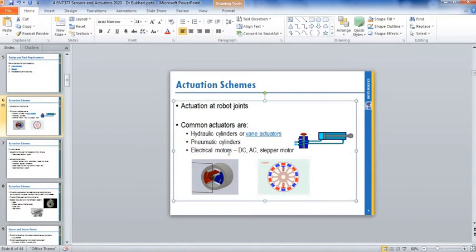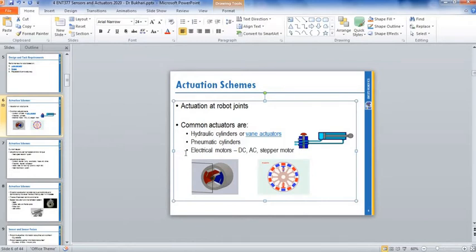But faster now is more on the DC or AC motor, stepper motor. Pneumatic is more on fast and strong. Electric motor is accurate. Now, because you have gearing systems and everything, DC motor is also quite strong, quite strong compared to pneumatic.